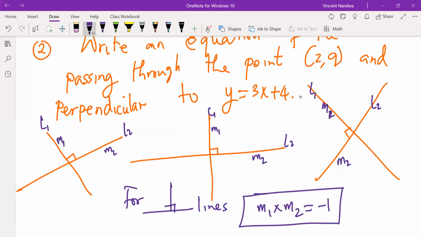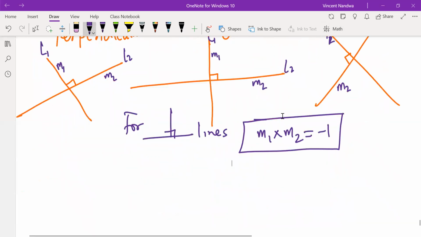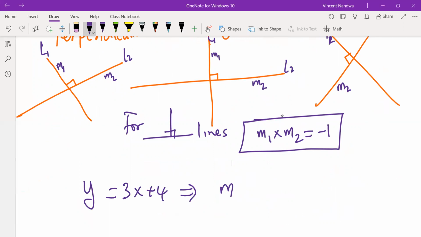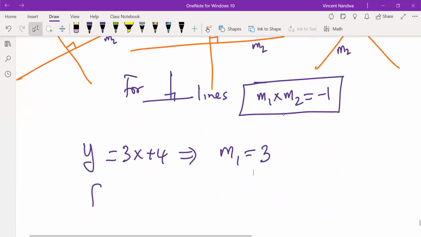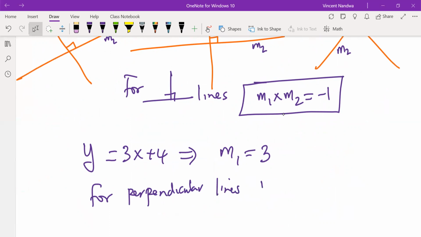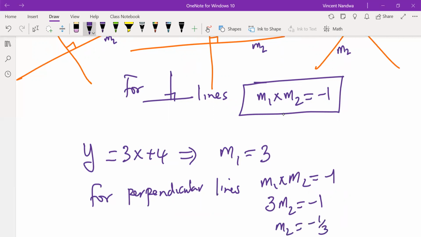In our case, we have y equals 3x plus 4, which means m1 is 3. Now for perpendicular lines, m1 times m2 is -1. So 3 times m2 equals -1. So m2 will be -1/3.